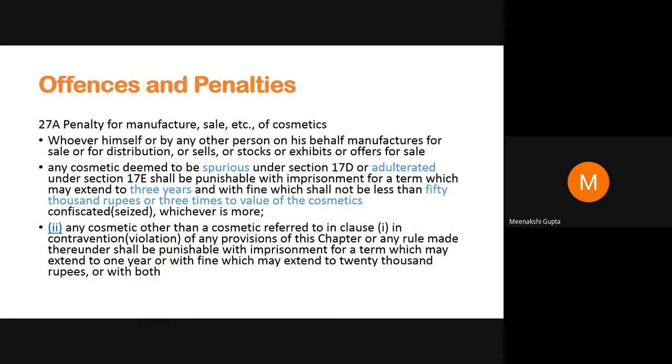What does it mean? In Section 17D, it is spurious cosmetic product, and in Section 17E, adulterated cosmetic product.